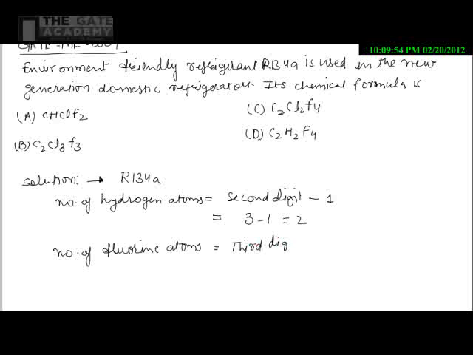The number of fluorine atoms will be the third digit, so it is 4. If you see here, in an ethane based refrigerant there are 6 hydrogen atoms, and in this problem there are already 2 hydrogen atoms and the remaining 4 hydrogen atoms are replaced by fluorine atoms, so the number of chlorine atoms will be 0.